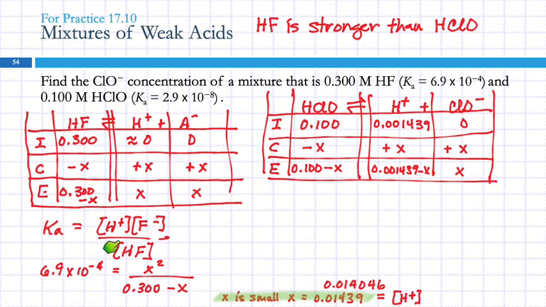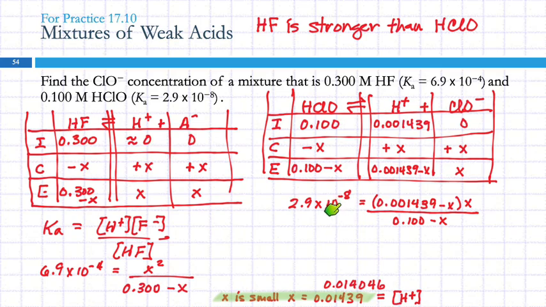And so just following this pattern over here, our Ka is 2.9 times 10 to the minus 8. And that's going to equal 0.001439 minus x times x divided by 0.100 minus x. So this is a small number, a very small Ka, so let's try the approximation.